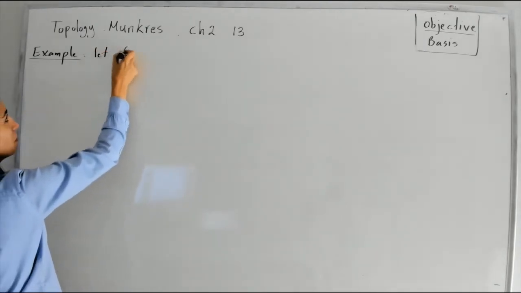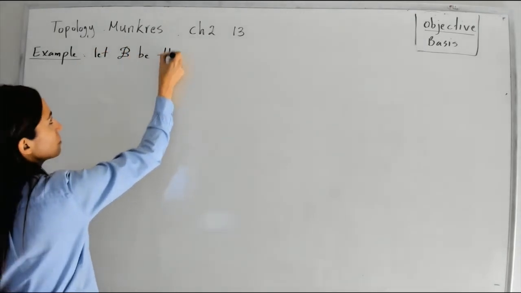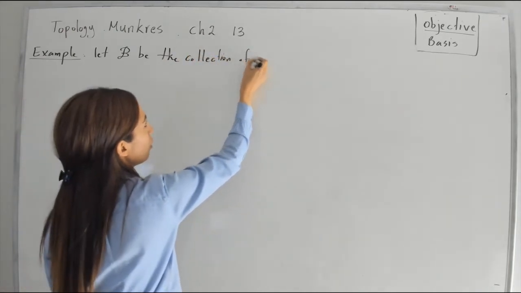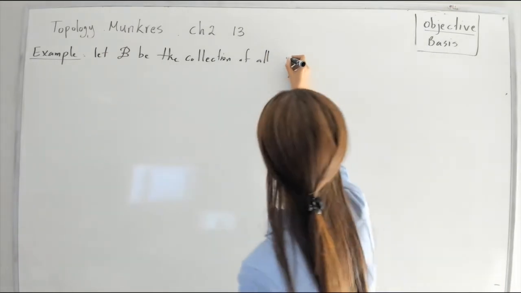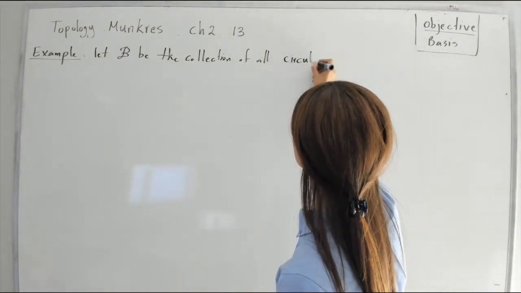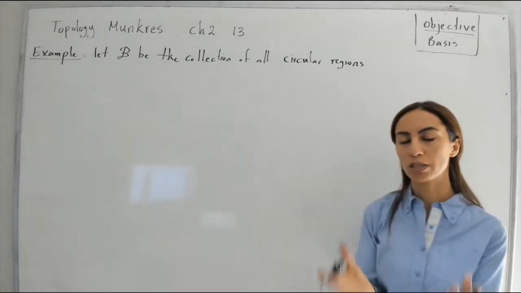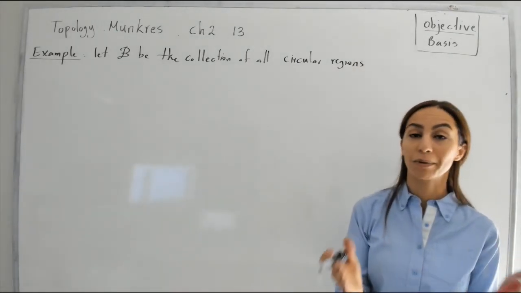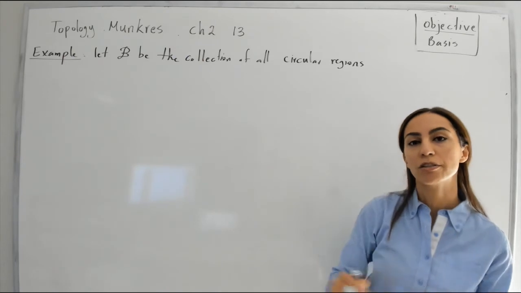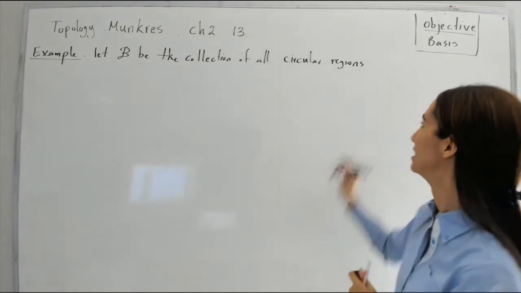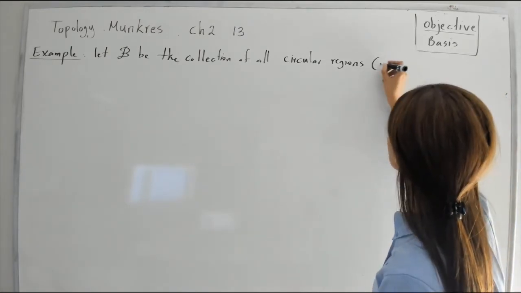Let beta be the collection of all circular regions. So when we're talking about circular regions, we're not talking about disks. We're talking about the interior of those circular shapes. So interior.